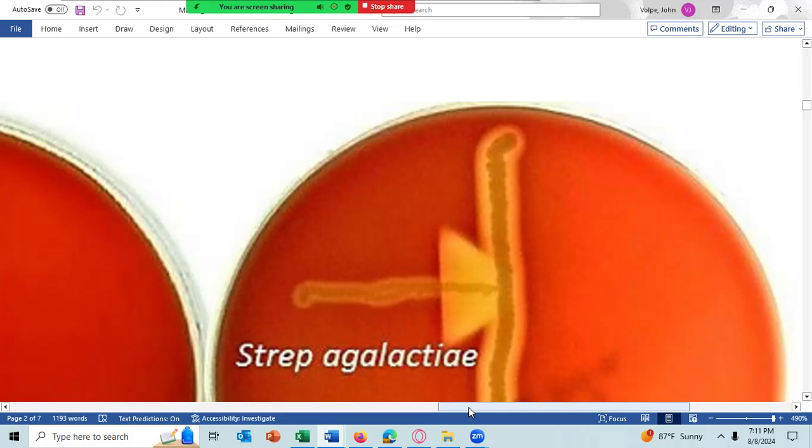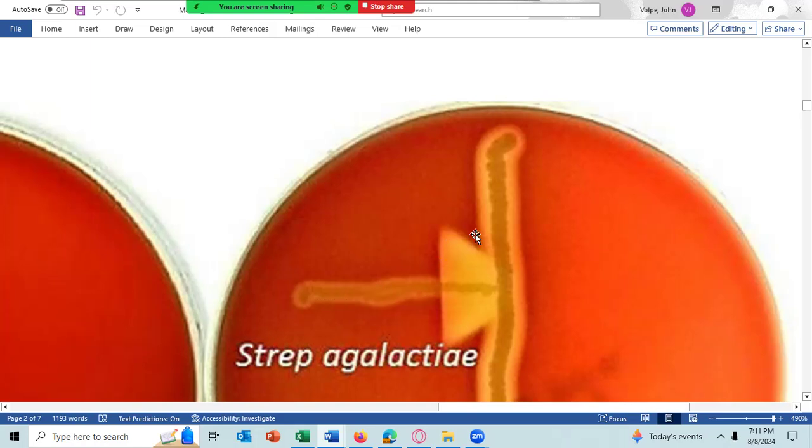And then with Streptococcus agalactiae, we have a very positive CAMP test reaction, meaning this is a very positive CAMP reaction. And there we have Streptococcus agalactiae streaked here, Staphylococcus aureus streaked there. This is the beta hemolysis from Staphylococcus aureus. This right there, it's very thin, is the beta hemolysis from Streptococcus agalactiae.